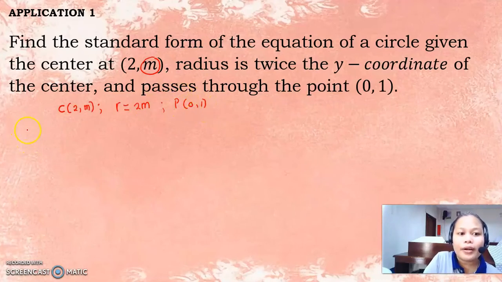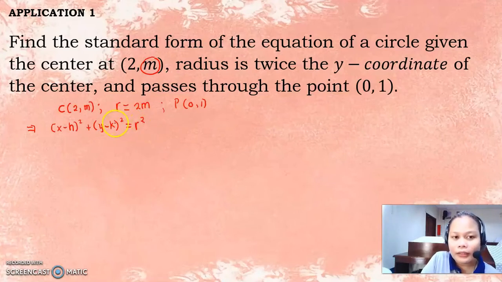And remember that we have here the standard form of the equation of a circle: the quantity x minus h squared plus the quantity y minus k squared is equal to r squared. So we are going to replace now the values of h and k.